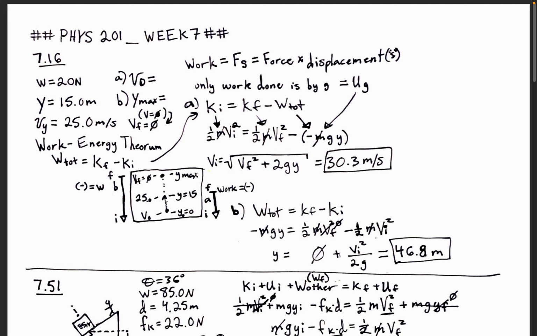This is the direction that it's moving in, and the work is the force times distance, but of course the force is going downwards, so in this case, because the force is going downwards, we're going to say that work is negative as the rock is moving upwards. It's going against it, right? So it's negative.